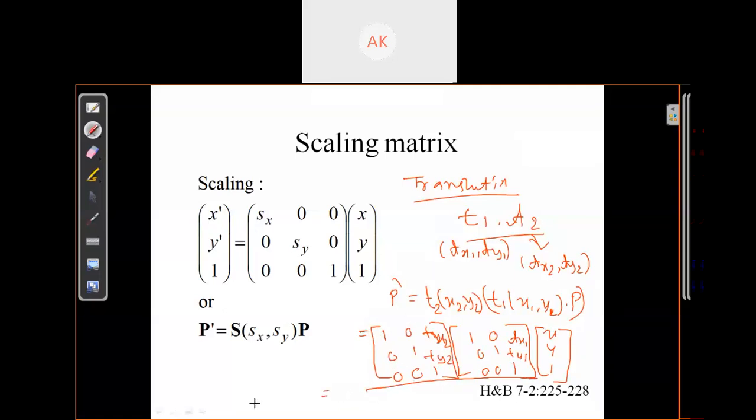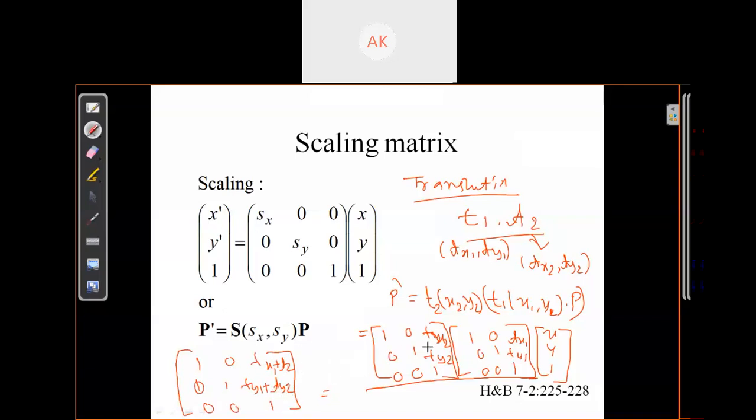When you multiply these matrices, I'm just writing the equation of what you will get after this: [1 0 Tx1 plus Tx2; 0 1 Ty1 plus Ty2; 0 0 1].